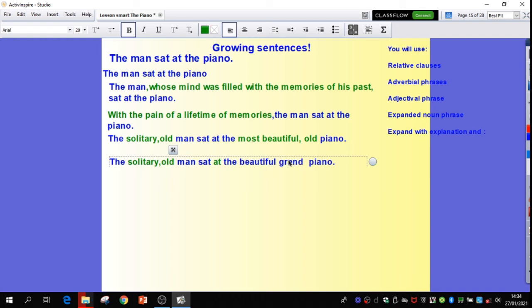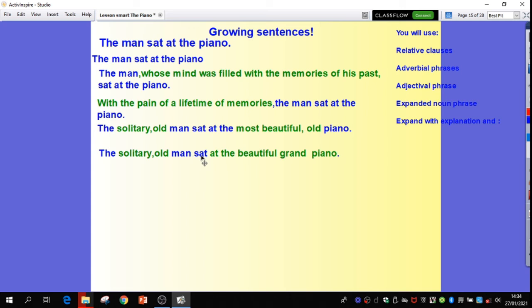Here I have got my expanded noun phrase. So I've got the solitary old man sat at the beautiful grand piano. Just by putting the at and then expanding a bit more information to the left and to the right, I've got my expanded noun phrase.